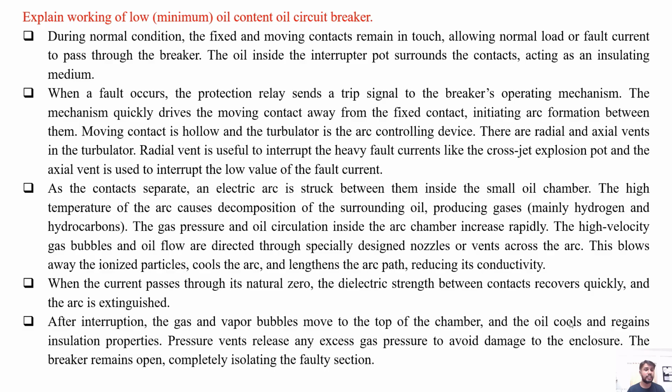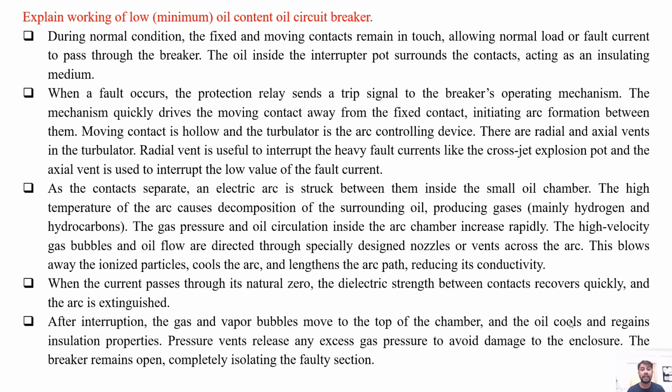The high velocity gas bubbles and oil flow are directed through specialized design nozzles or vents across the arc. This blows away the ionized particles, cools the arc and lengthens the arc path, deionizing the arc and reducing its conductivity.